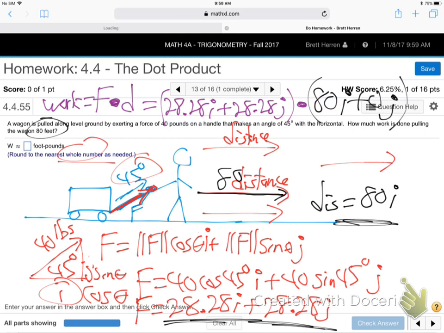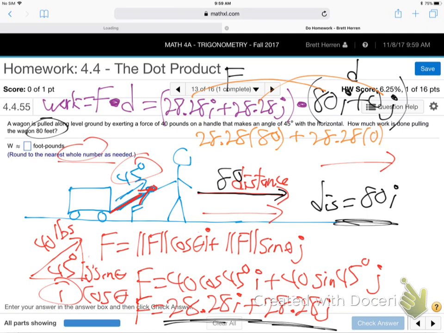If you want to put in that 0j there. So this is force. This is distance. We're dotting them. So how do you dot? What's the dot product? You know it. You just go the i times the i and the j times the j and add them up. So it's 28.28 times 80 plus 28.28 times 0. So that's just 28.28 times 80, huh?